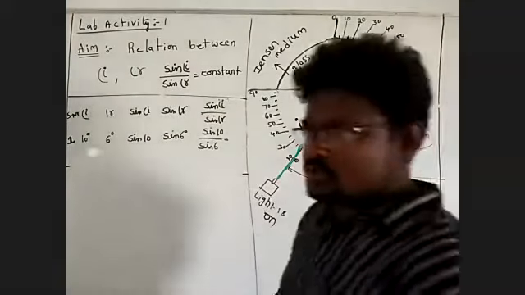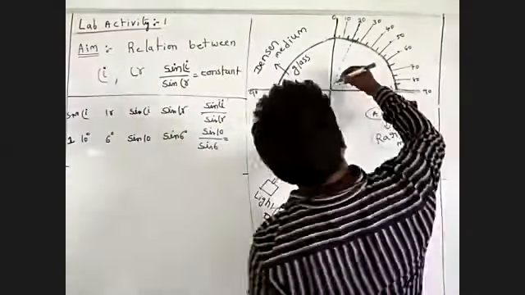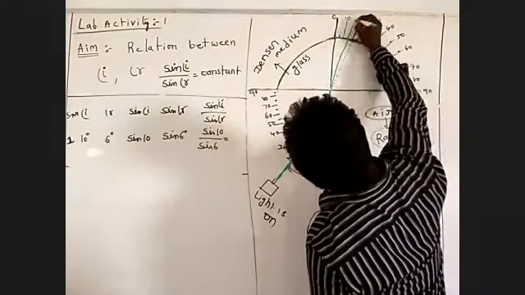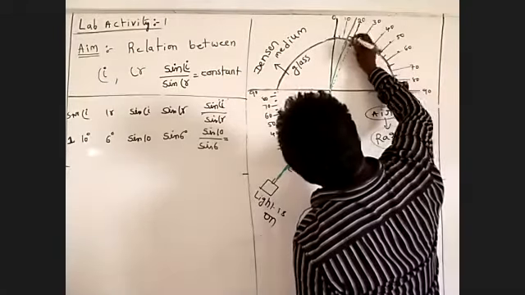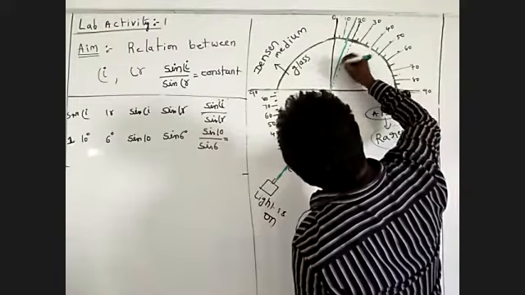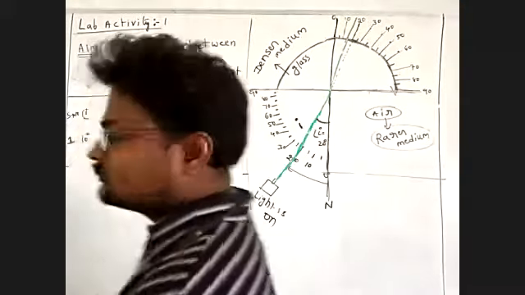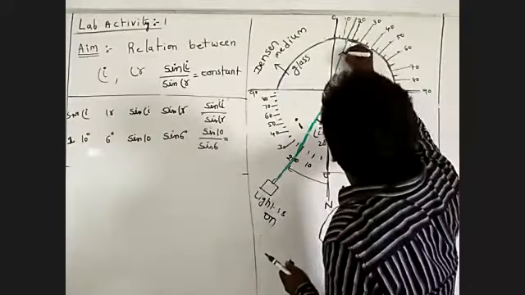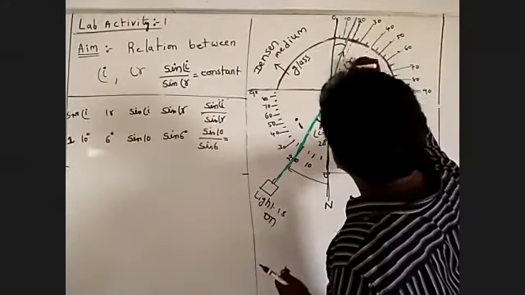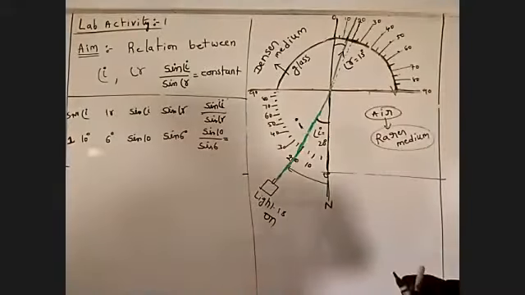Now what will happen? The refracted ray passes in this direction. This is the refracted ray. Here the angle of R is exactly 15 degrees.